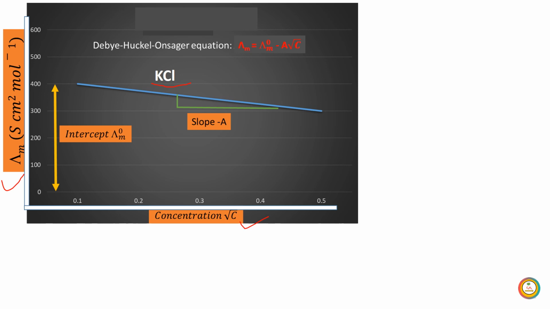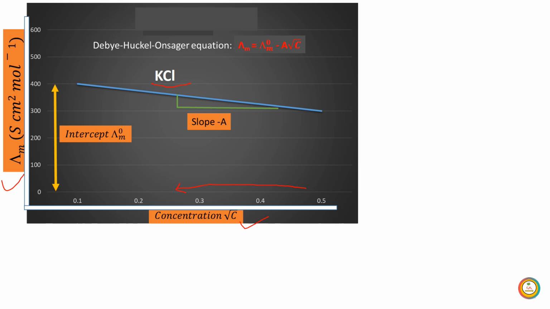When we move in this direction, it means the concentration decreases. That indicates we are increasing volume by addition of solvent like water. We are adding more and more solvent to the given electrolyte solution, so there is more dilution and the concentration decreases.